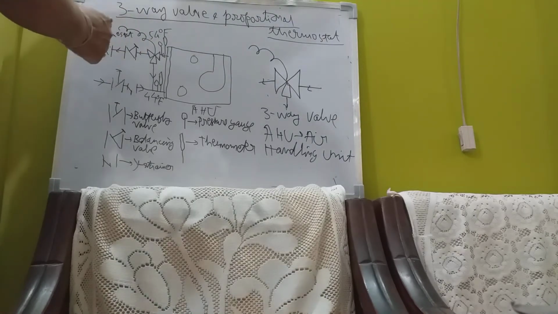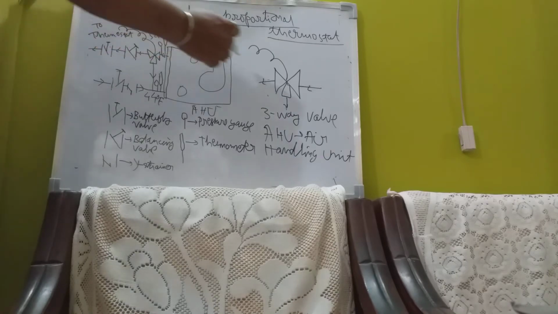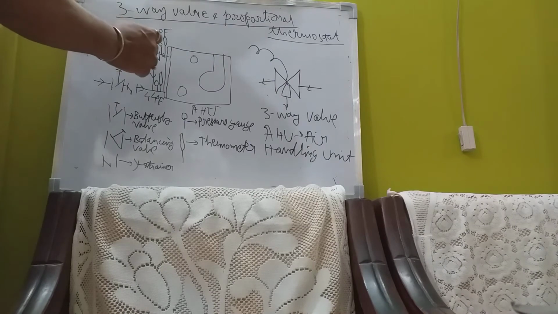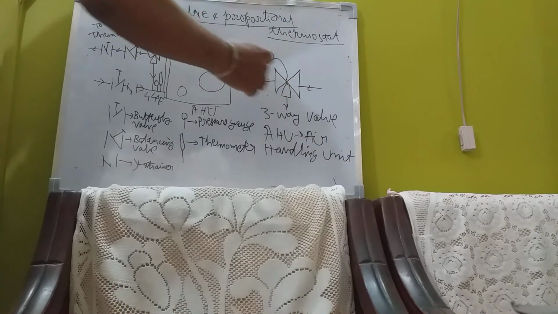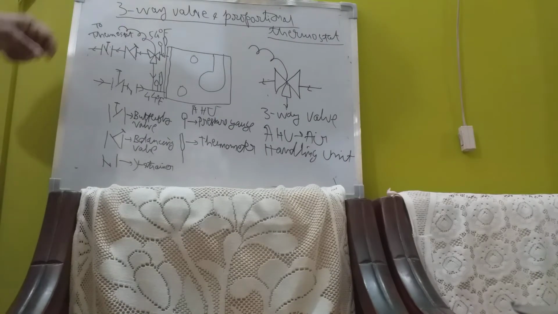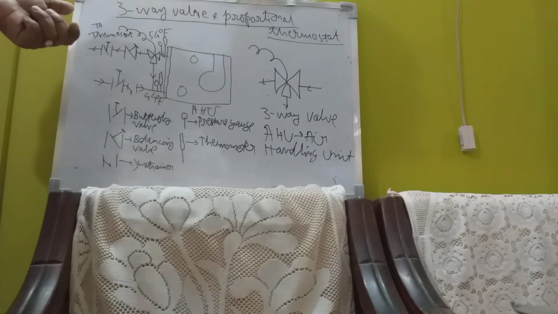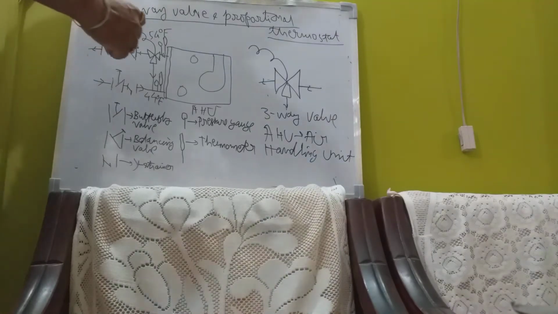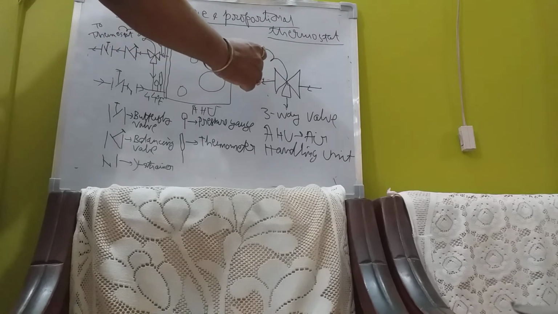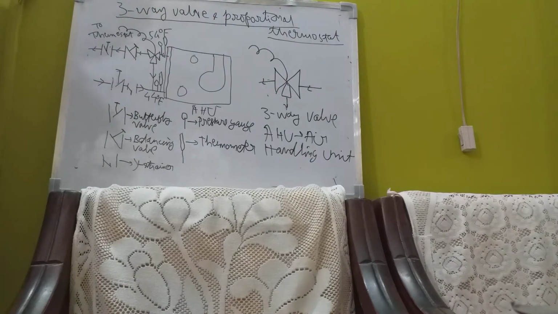So when the chilled water requirement is more, that is, the cooling required is more, then this port opens, more chilled water flows, and this port closes, and less chilled water flows to the supply line. But when the room is getting overcooled and we don't require much chilled water there, this port gradually closes and this port gradually opens.